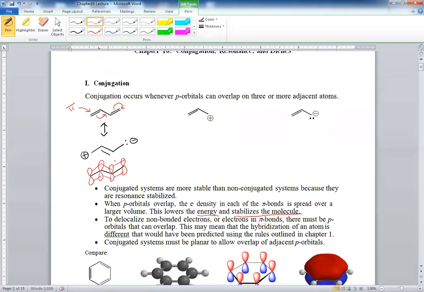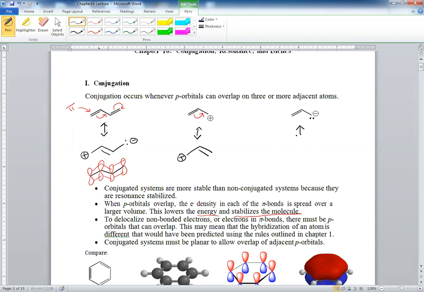Remember that resonance structures are occurring at the same time. There's a hybrid between them, but it helps us to see how we can spread electron density over a larger volume. So as you see here, this is called an allylic carbocation. The positive charge now is on the left side.